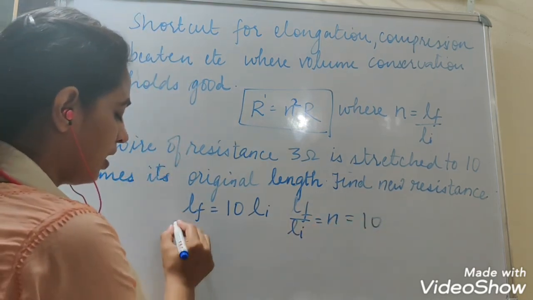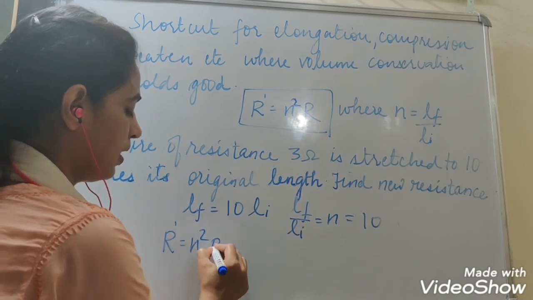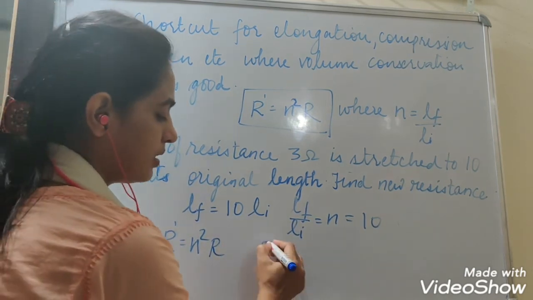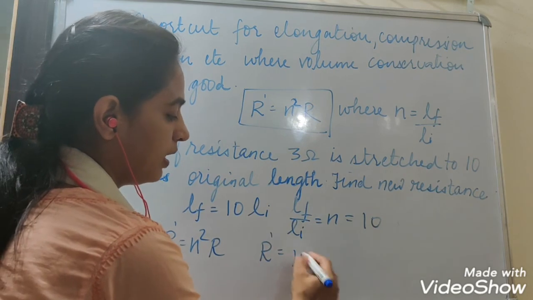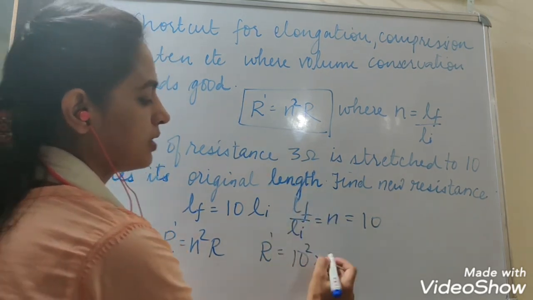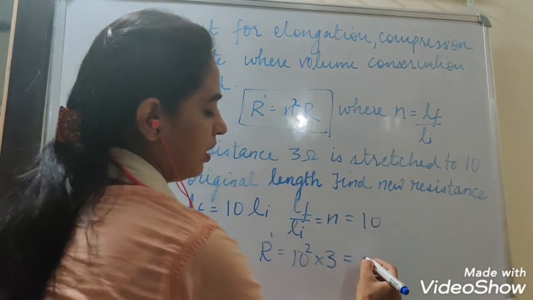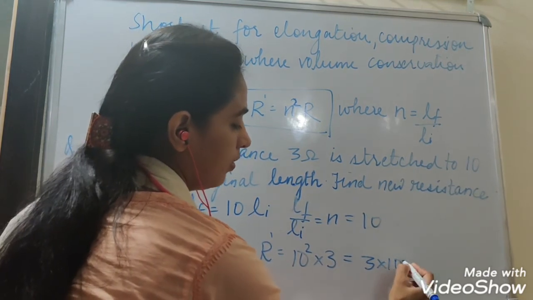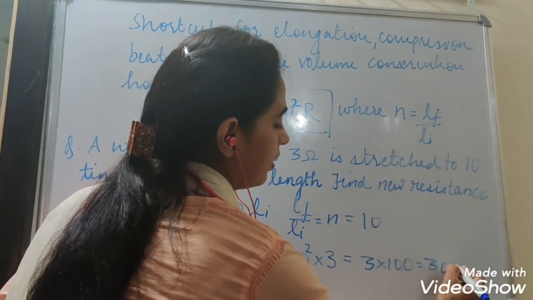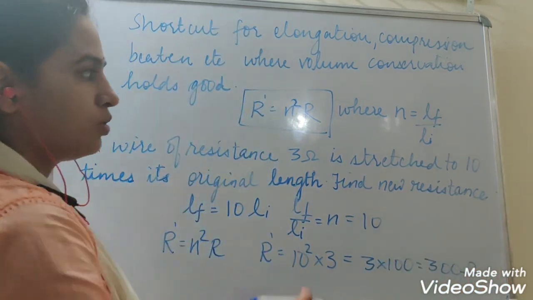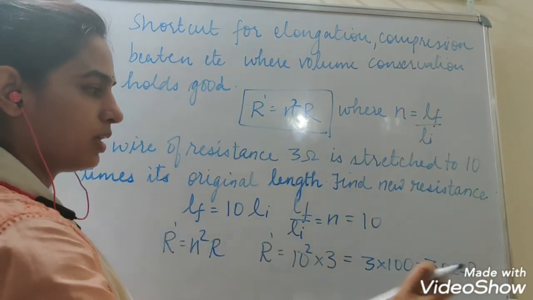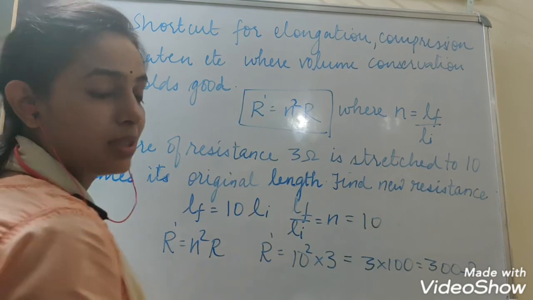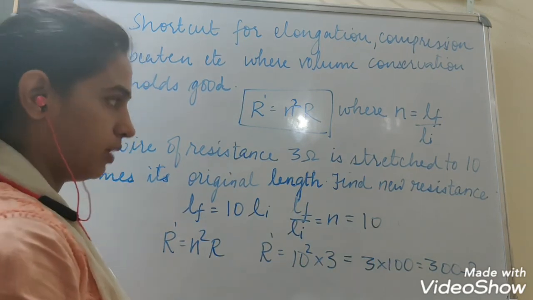So we have R dash is equal to N square R. So new resistance R dash will be equal to 10 square into R, which is given as 3. So that will be equal to 3 into 100 or 300 ohm. Right? So when length is increased to 10 times, the resistance increases 100 times.